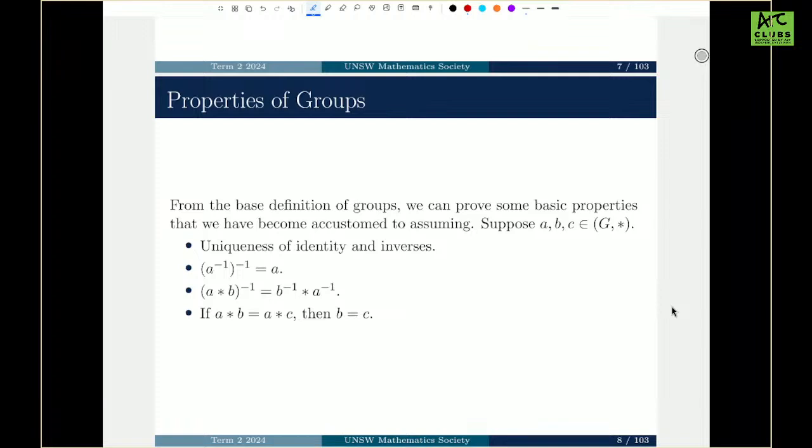Okay, uniqueness of identity and inverses. I'll go through uniqueness of identity. Suppose you have an E and I that both satisfy the requirements for an identity.